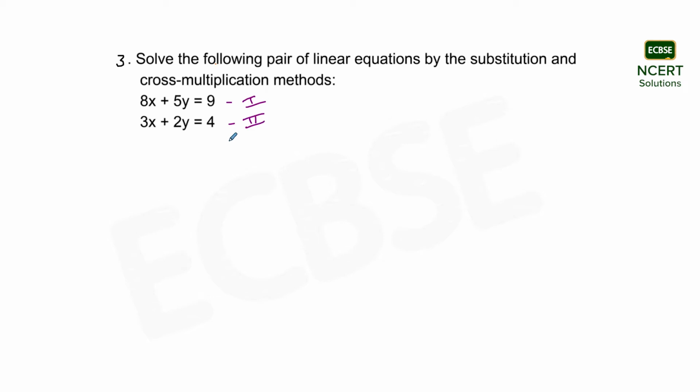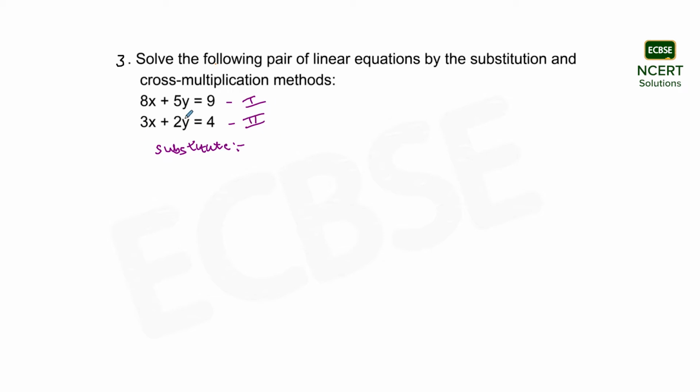As it's been asked in the question to solve this pair of linear equations by two methods, the first is the substitution method and the second is the cross multiplication method. Starting with the substitution method: the first step is to find the value of either variable x or y from any of the two linear equations.